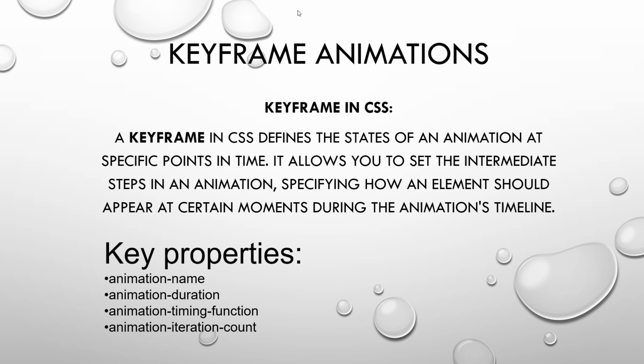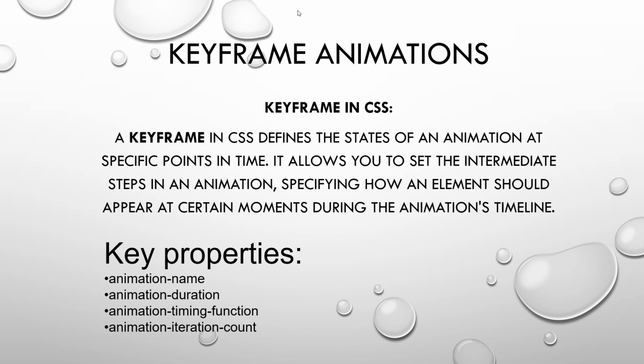Looking at the definition, it says a keyframe in CSS defines the state of an animation at specific points in time. As I said in layman's language, it allows you to set the intermediate steps in an animation, specifying how an element should appear at certain moments during the animation timeline.